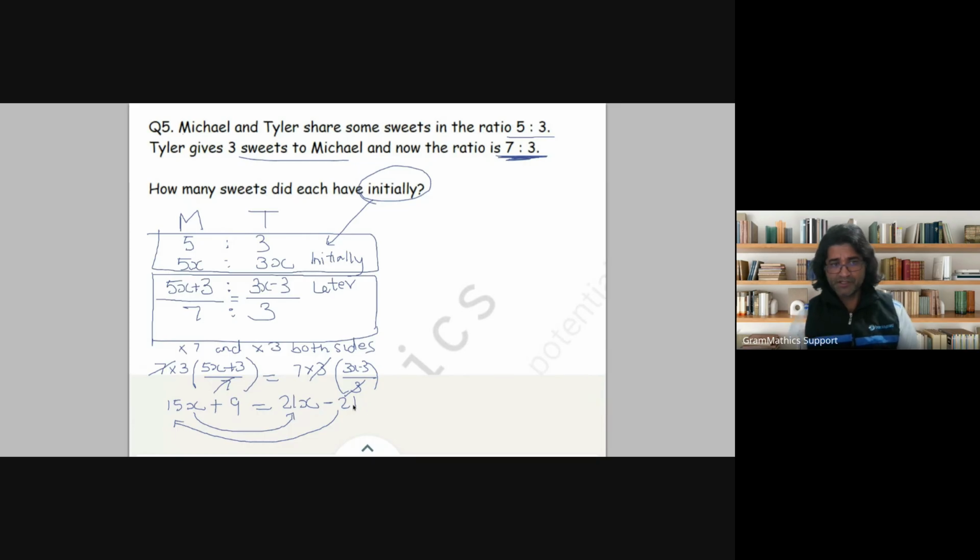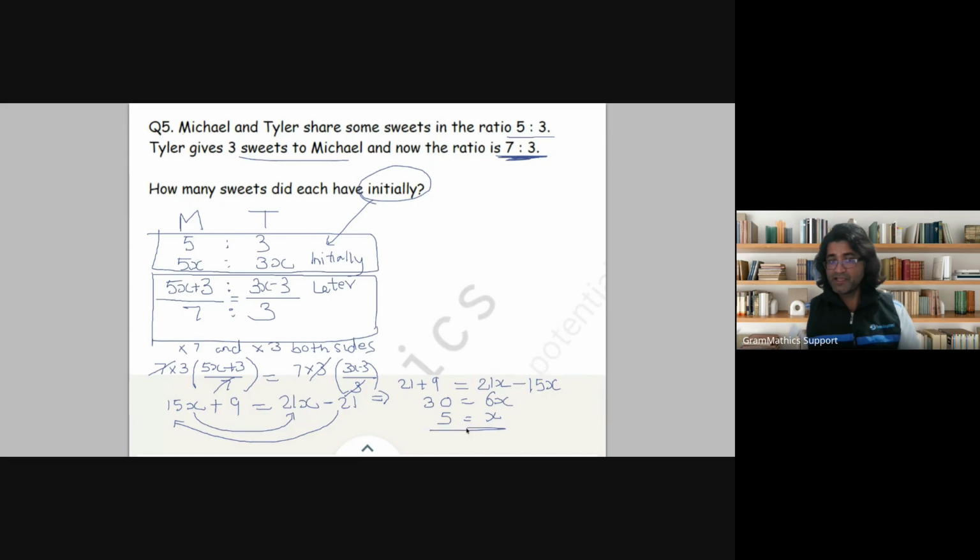So when that happens, this becomes 21 plus 9 on this side. So this 21, because it is minus, becomes a plus 21 on the other side. And 21x was already here, but 15x moved to the other side and it changes sign as always. So this is 30 equal to 6x, which means x is equal to 5.